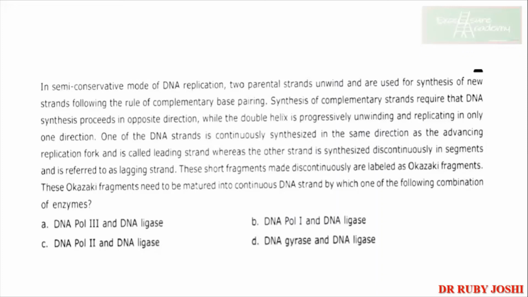DNA pol 1 goes in between and fixes the gaps. It fills the gaps when the RNA primer is removed and the nick is present. So DNA pol 1 comes in, filling the gap, and ligase, of course, seals the DNA strand. Good.